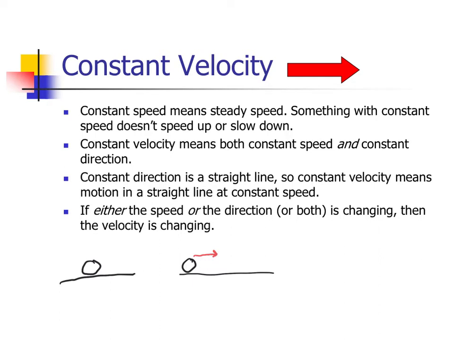What if it's moving on a straight line? Now we're going to take a little, like 1 second intervals here. It's on a straight line. The arrows themselves are not getting bigger.